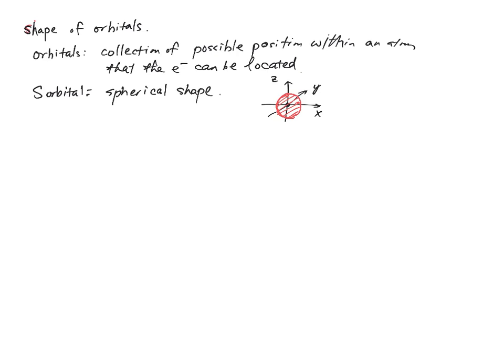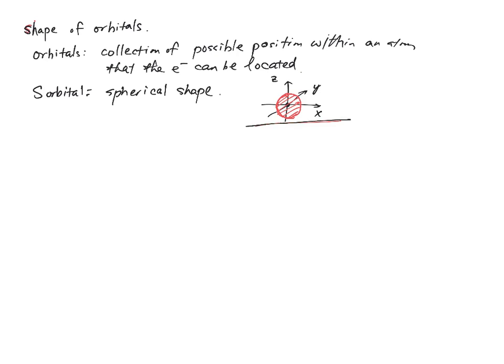Or you can say, if you can somehow take pictures of your electrons in that orbital, and you combine billions of billions of billions of those pictures, overlapping them, this is what you're going to see.